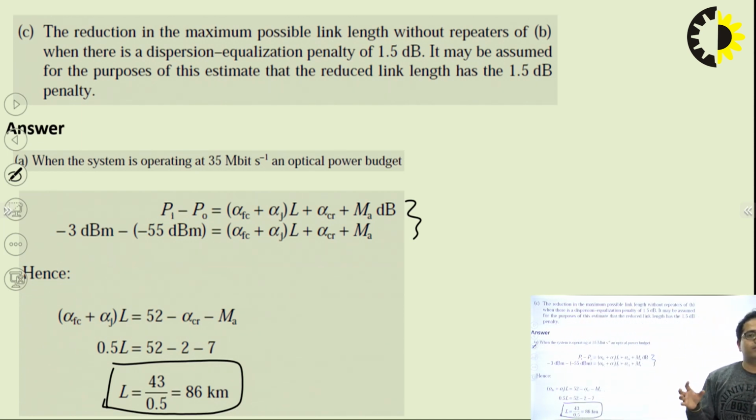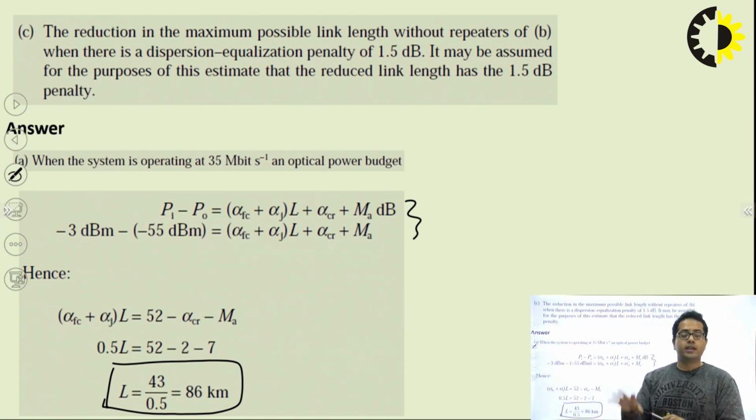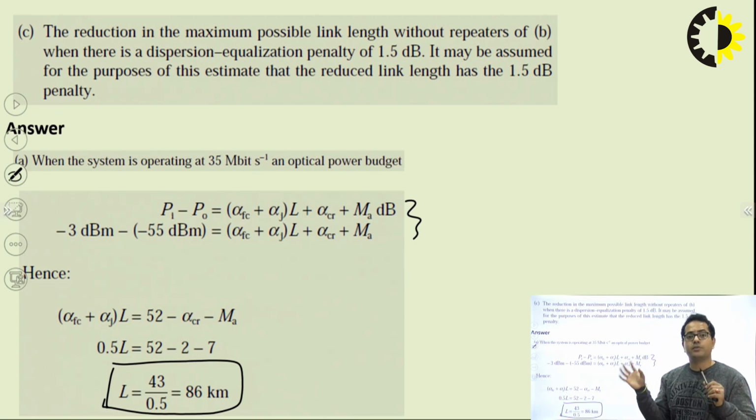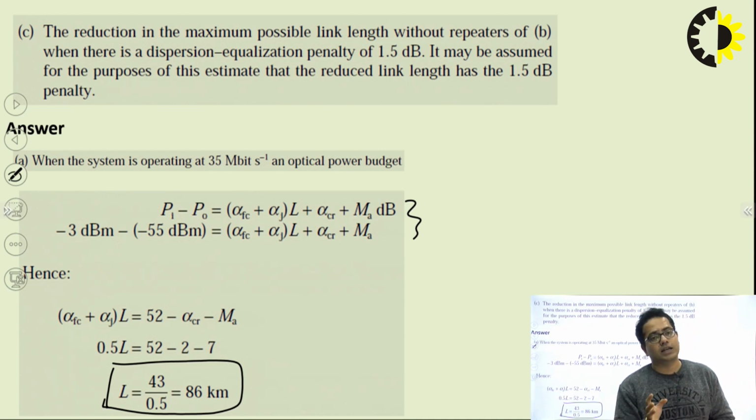Like if we are analyzing a receiver, we visualize it by power budgeting. We want to know the safest length of the optical fiber that could be deployed without the use of repeaters. We know the purpose of repeaters is to regenerate the original signal.